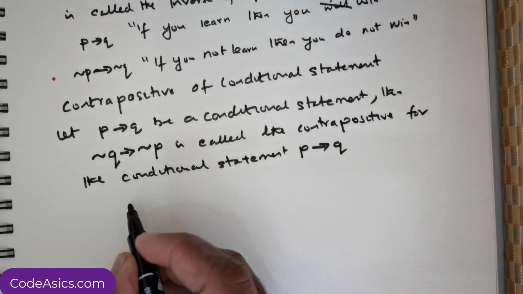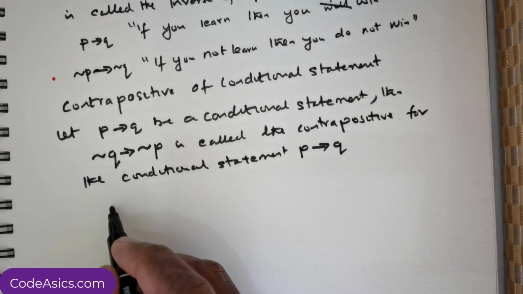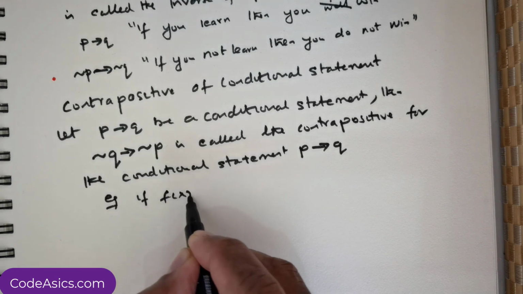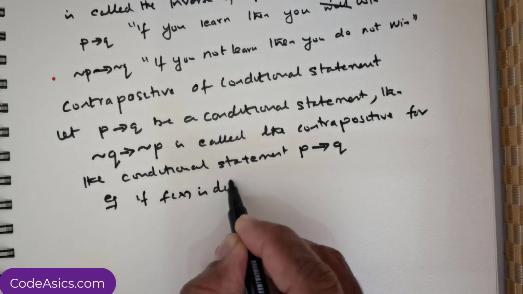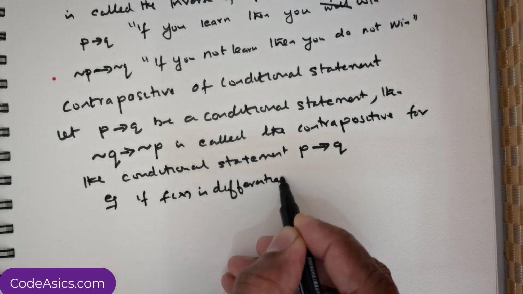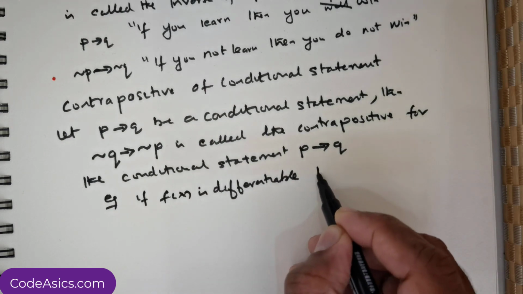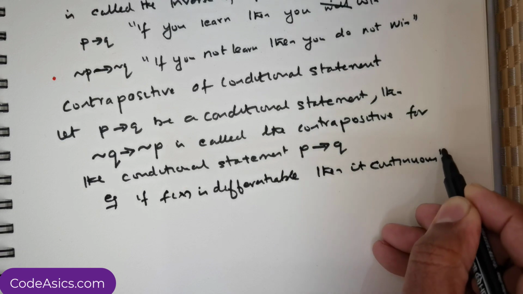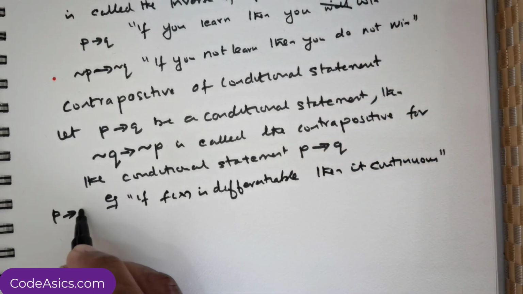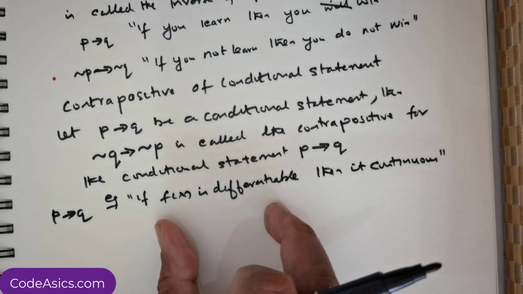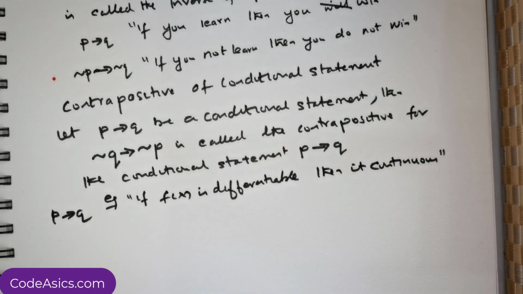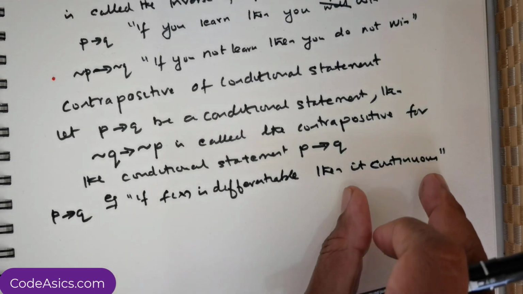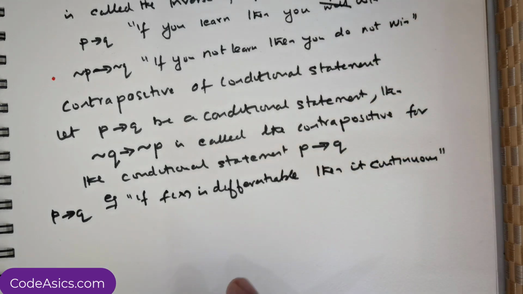So the best example we can obtain is from limits. If f of x is differentiable, then it is continuous. So this is the conditional statement. In the case of contrapositive, we need to start with the negation of this.